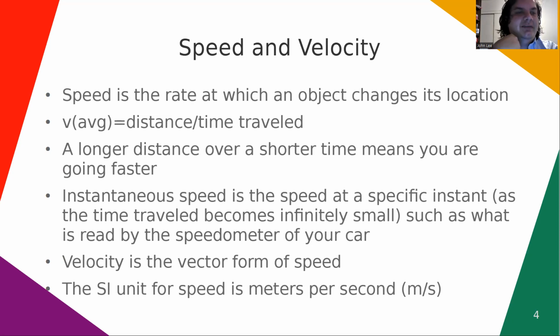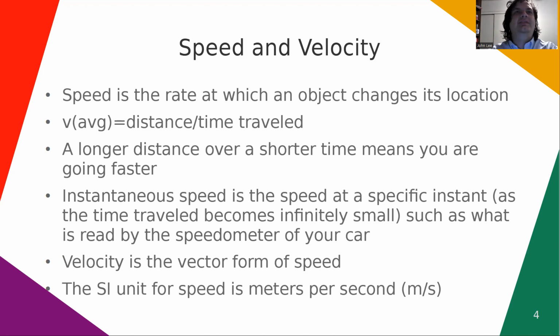It occurs to me that that was kind of confusing, so I'm going to come up with a simpler example. If you go 60 miles per hour due east and then turn around and go 60 miles per hour due west for half as long as you were going due east, then your average speed is going to be 60 miles per hour because you were going 60 miles per hour the entire time.